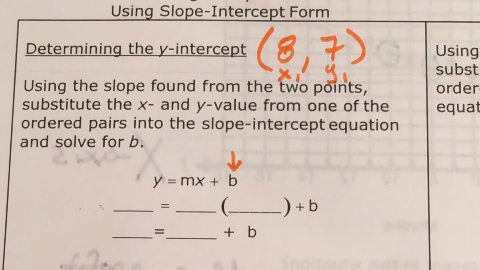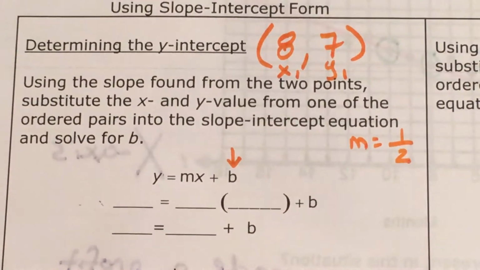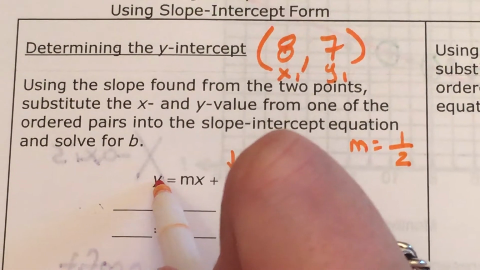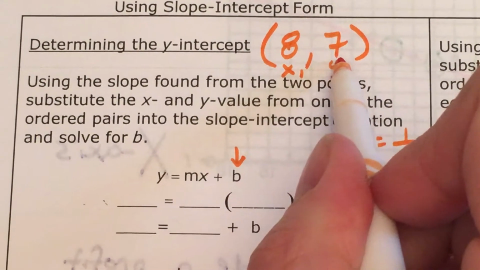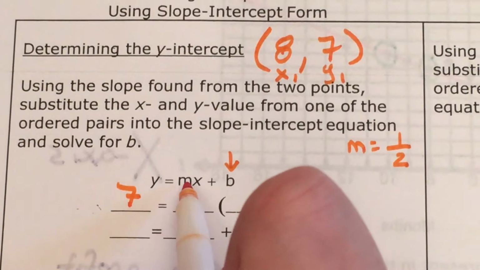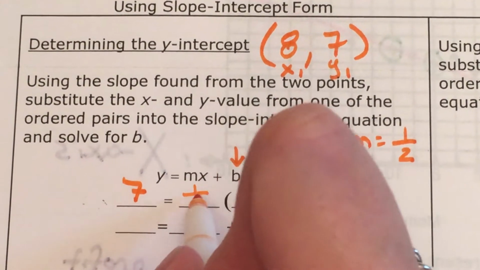And we're going to use those again as we work through finding the y-intercept. We know that our slope, m, is 1/2. We found that twice, as a matter of fact. So this y is this y, 7, equals m, this m, 1/2.